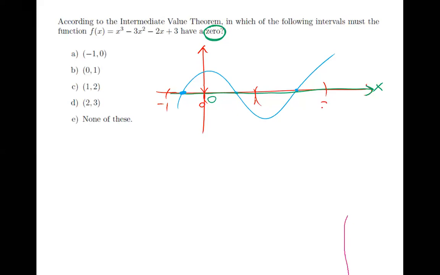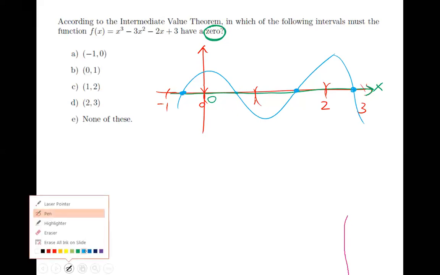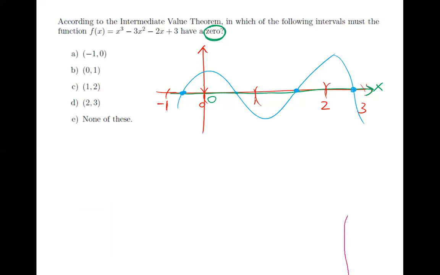Maybe between 1 and 2. And actually, I don't even have between 2 and 3. I can maybe write it down. As we can see, all of my blue dots, of course, this is not the right function. I'm just trying between -1 and 0, between 0 and 1, between 1 and 2, or 2 and 3. That's what we can do.